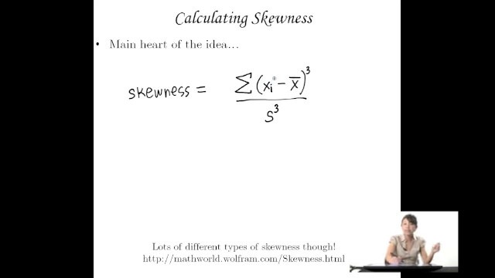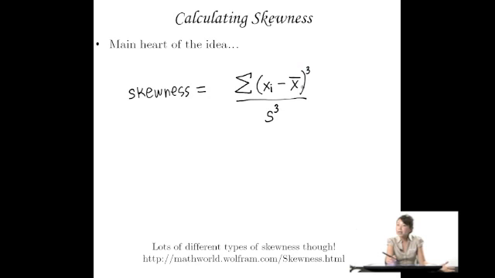They're saying, I'm on the left side, I'm on the right side, I'm on the left side, I'm on the right side. And by adding them all up, we see who wins, the left side guys or the right side guys. When there's more guys on the negative end, we get a very, very small number. When there's more guys on the positive end, we get a large number. And by cubing it, we make those that are on the ends matter more than those that are sort of close to the center.